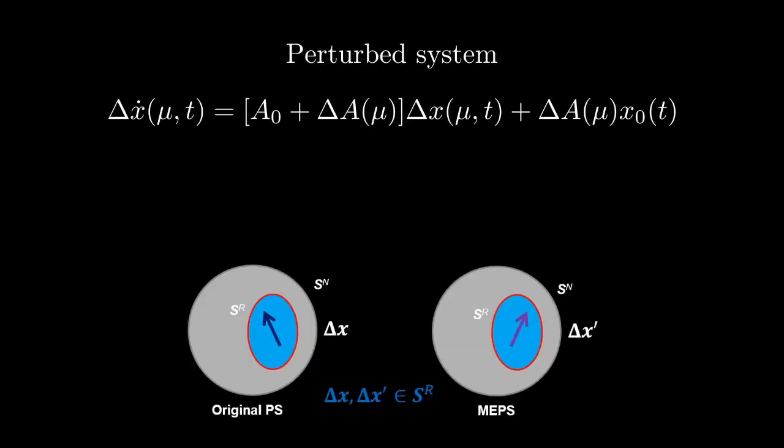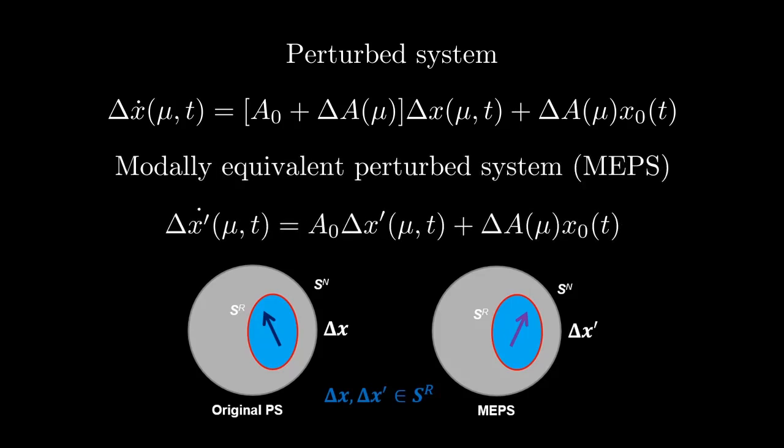By considering the transfer function from x naught to delta x and decomposing it into dynamic eigenvalues and dynamic eigenmodes, we concluded that the original perturbed system and the so-called modally equivalent perturbed system, MAPS, share the same solution space. That is, the dynamic eigenmodes of the MAPS do not change with respect to the parameters.